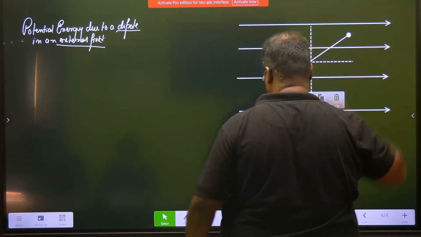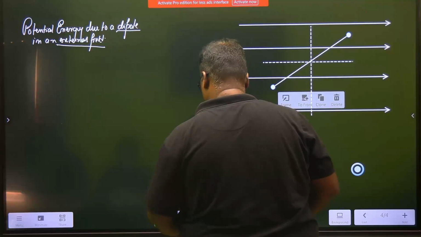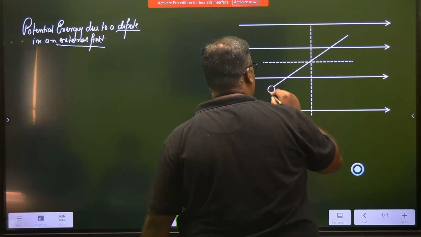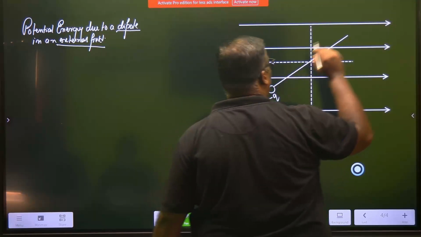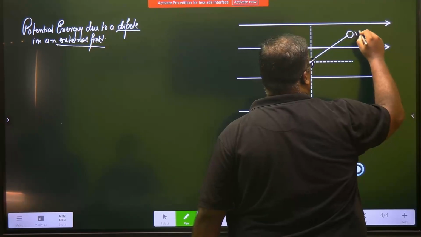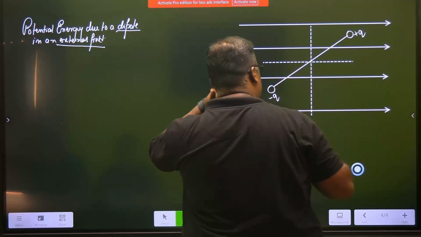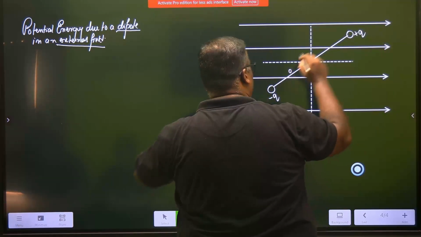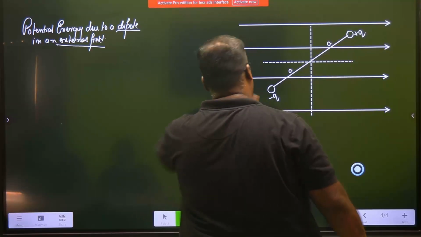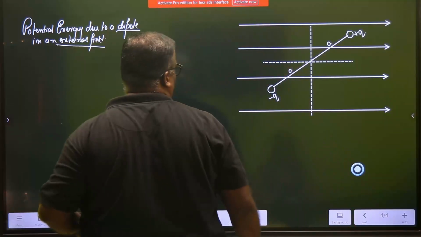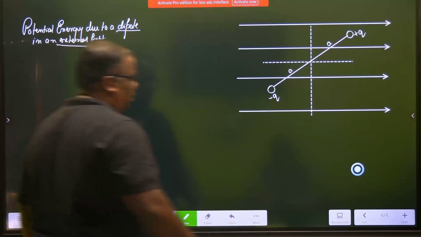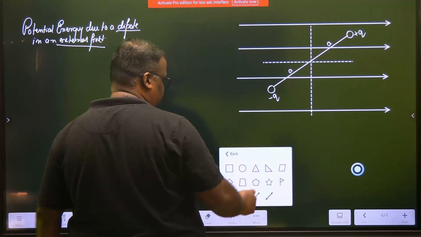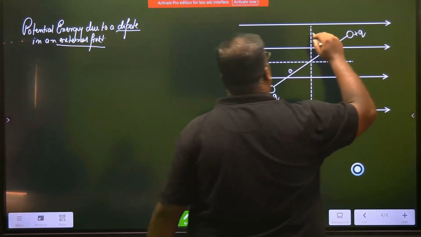So let's say this is minus Q, this is plus Q. Obviously, our distances are A and A, right? And the electric dipole moment always points along the direction.